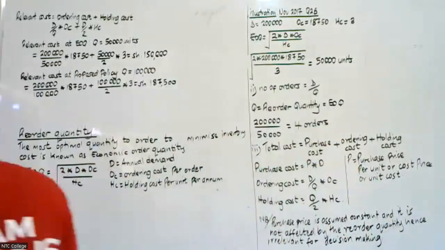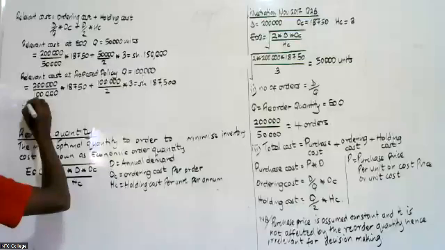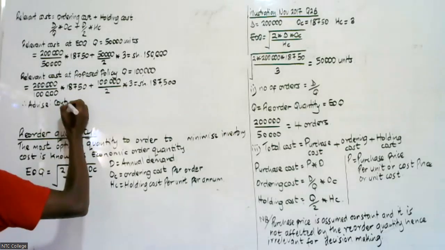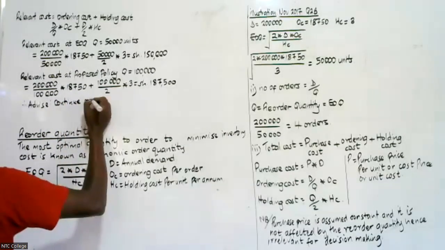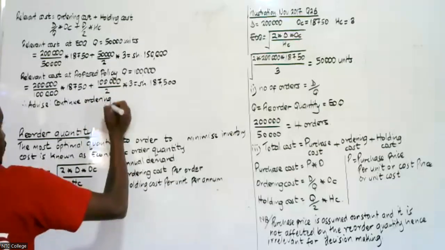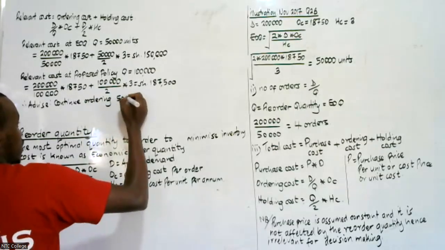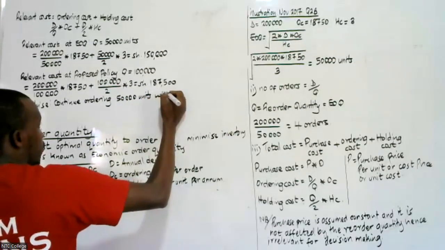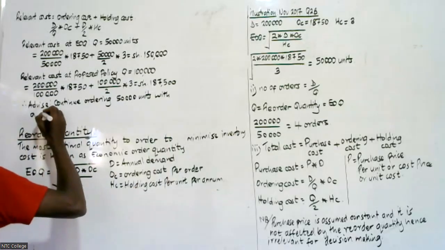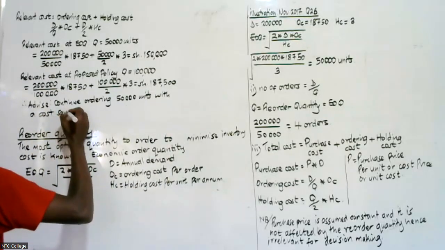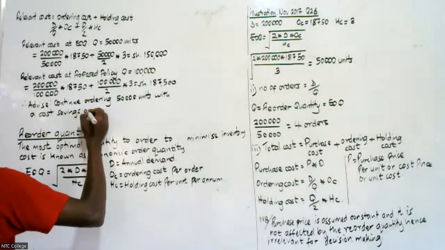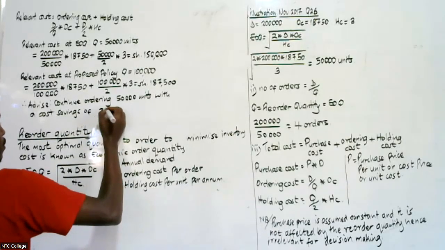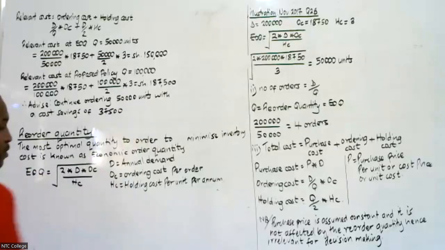187,500. Therefore, you advise the company's management to continue ordering 50,000 units, with a cost savings of 37,500.